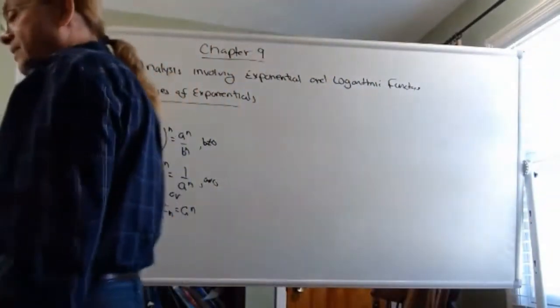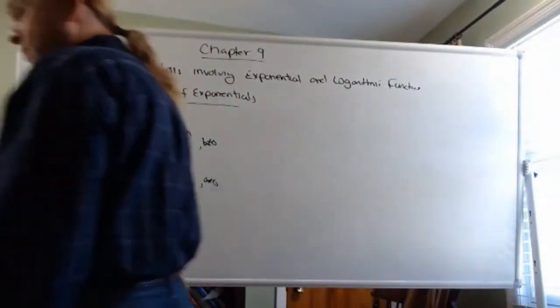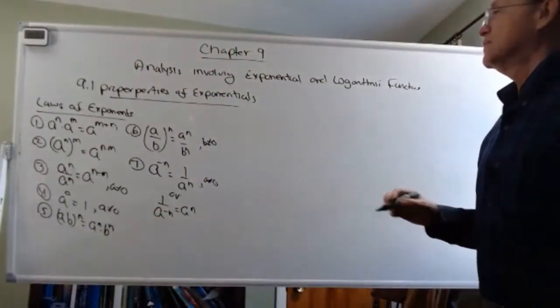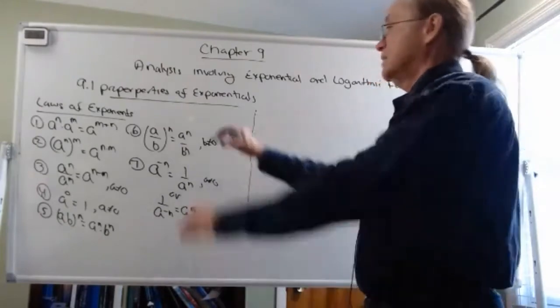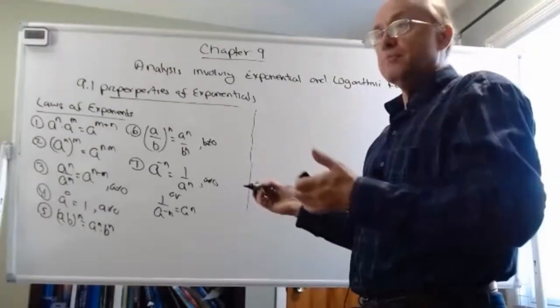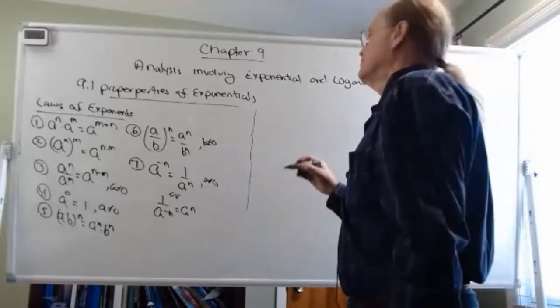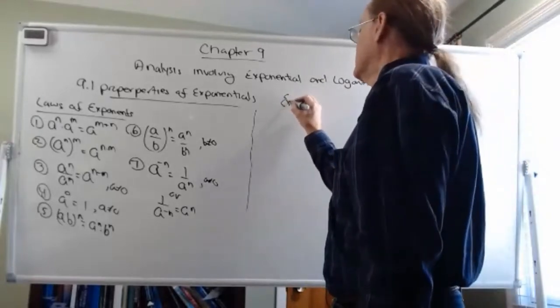Now, what we'd like to do is apply these to functions, if you will. So let's take a look at some examples of how we're going to apply those. Instead of just to numbers, we'll now apply them to exponential functions.